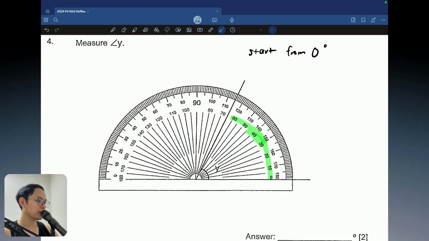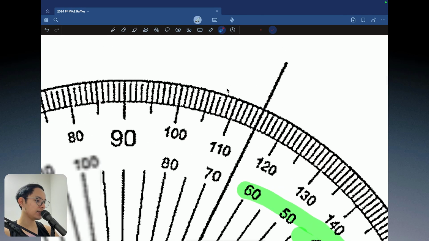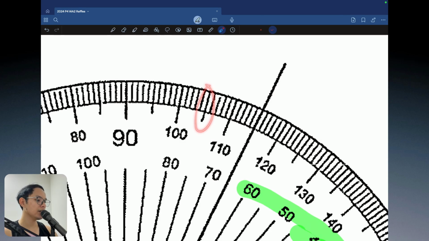There is also a smaller line here. This is 60, this is 70, and the middle part is usually represented by this little line. So this should be 65.